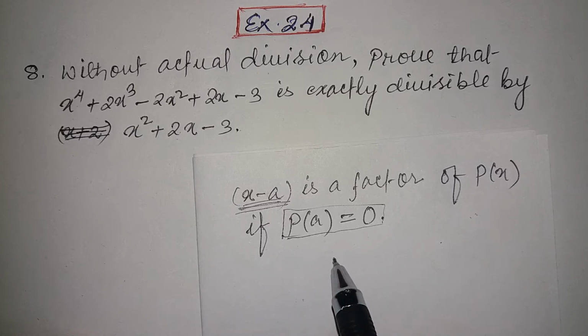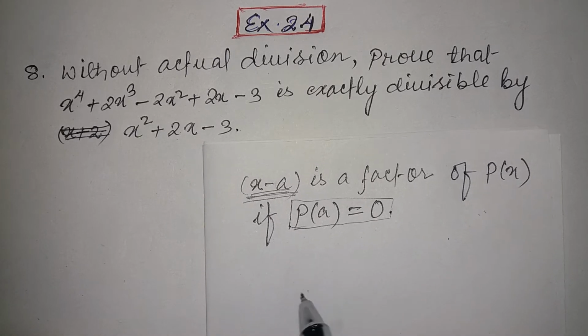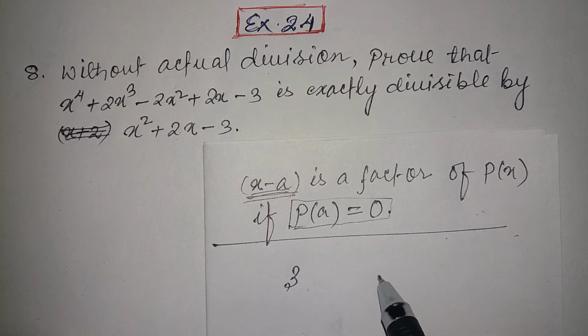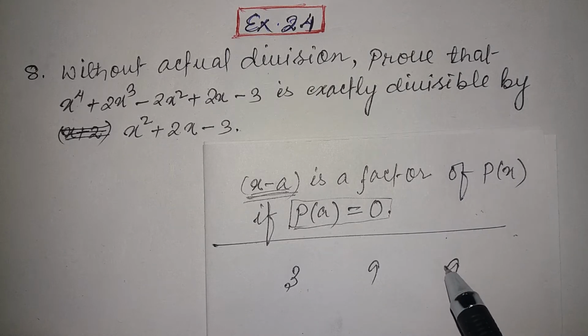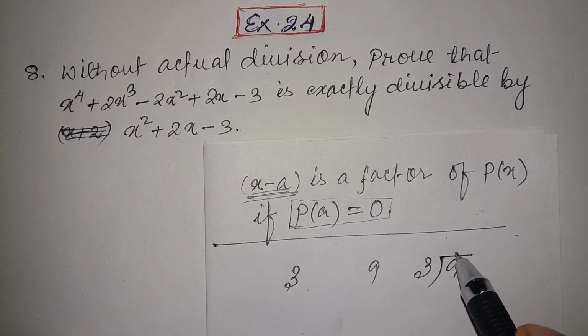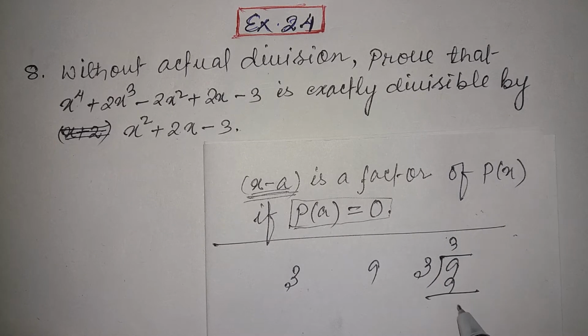Now to understand this, let us consider 3. 3 is a factor of 9 because 9 is exactly divisible by 3. That means the remainder is 0. 3 3s are 9.